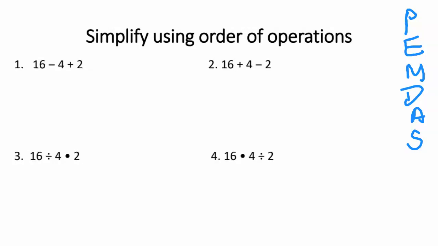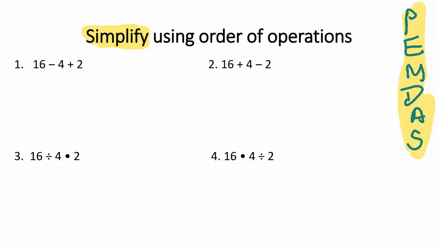You may find that when you do this in Pearson, they're just going to give you the word simplify. They're not going to tell you to use order of operations because it's believed that you know this order of operations has to be applied.